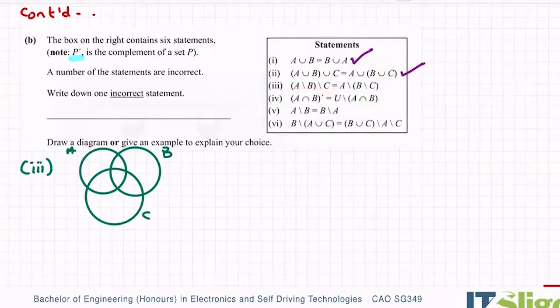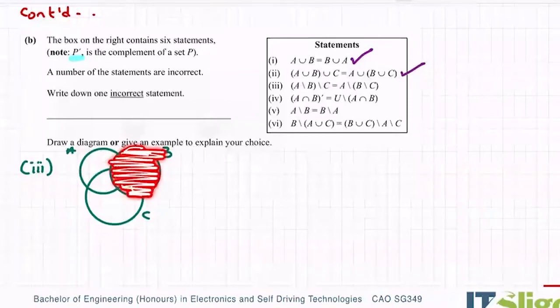A not B in a bracket. So A less B, so there's A. Now if I do less B, so B disappears. Can you see the part of A that's left? It's here. So let me highlight that for now.